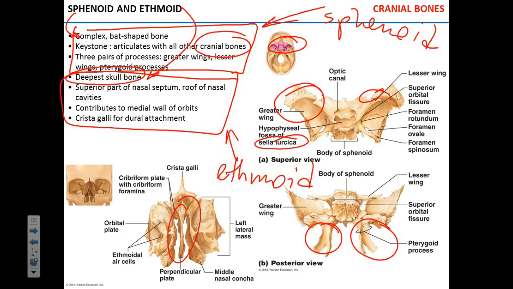If you would look down the nasal cavity of that skull, you will see the bony structure that separates nasal cavity into the left and right nostril. Can you see that? The superior portion of that septum is the perpendicular plate of the ethmoid bone.